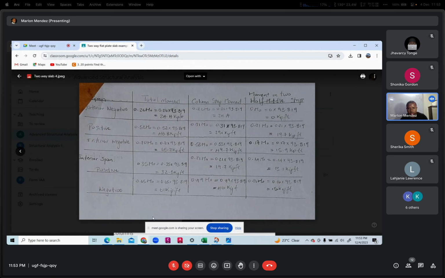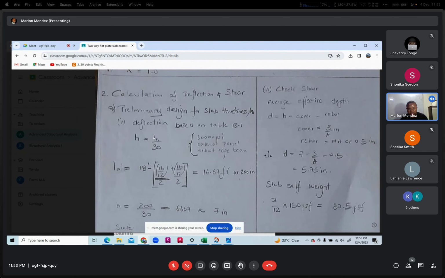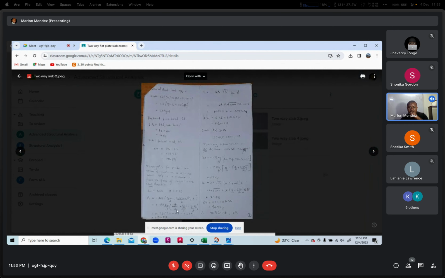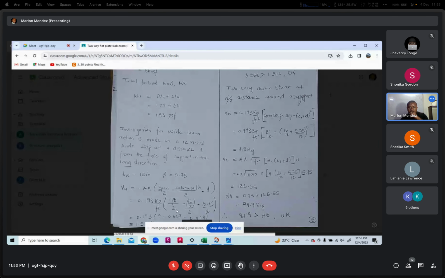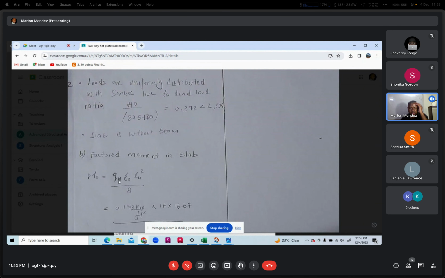If you do another deflection from where we started, this deflection is of importance in finding the thickness of your slab, which ultimately affects the self weight of the structure. Let me double check on something here. Yes, it will affect the self weight of the structure.